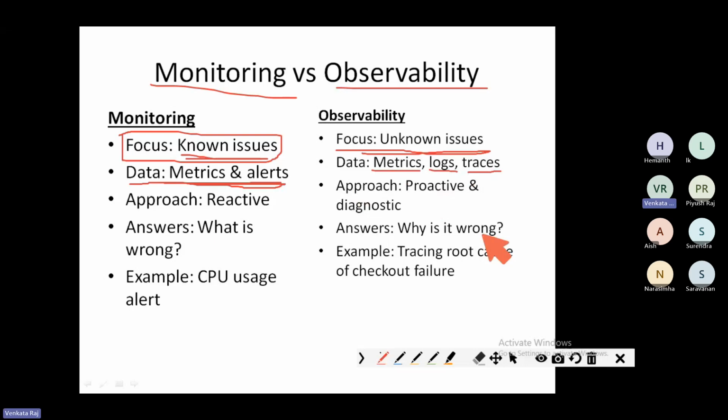Similarly, logs will be generated by your application. Logs are basically human readable, right? You, as human beings, as users from the different teams, will go into the logs to find out if there is anything documented in the application so that you can get the issue, right? So you will basically analyze the logs.